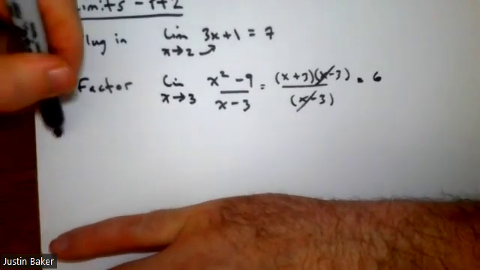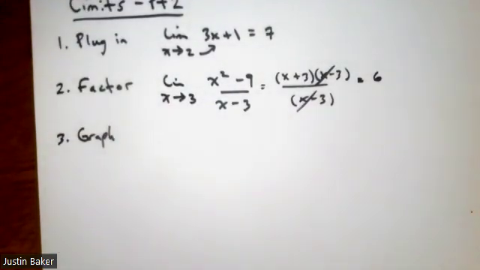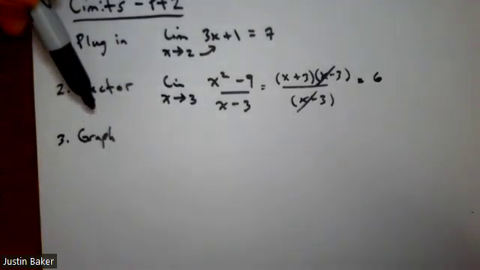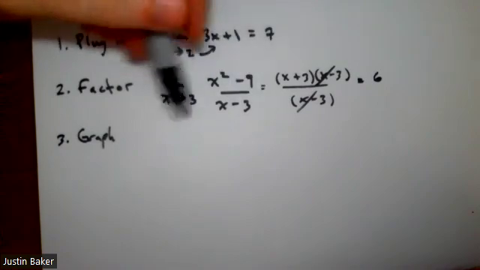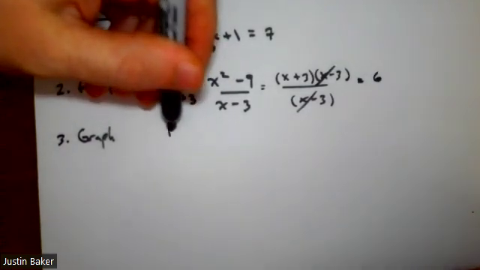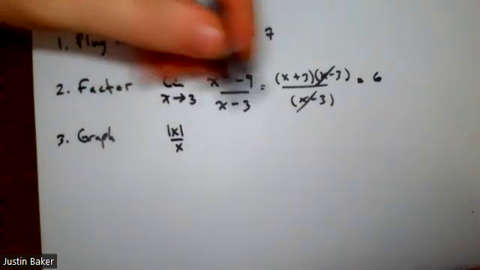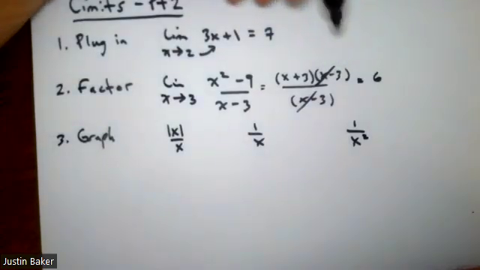The third thing we looked at is, is there a visual component to this limit? Do they provide you with a graph, or is it a graph that you should maybe know? We looked at three graphs, that being absolute value of x over x, 1 over x, and 1 over x squared.